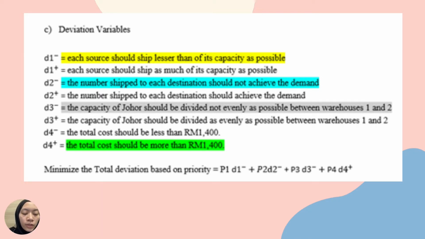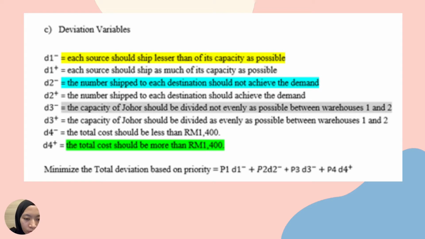For the deviation variables, for goal 1, the answer is D1 negative, where each source should ship less than its capacity as possible. For goal 2, it will be D2 negative, where the number shipped to each destination does not achieve the demand.